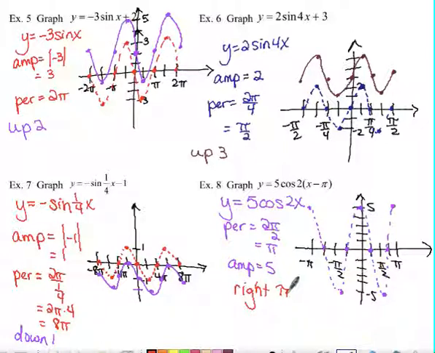In this case, how many tick marks is equal to pi? 4. 4 tick marks is pi. Because look, we went 4 tick marks and we went out to pi. So I'm actually going to need to add 4 tick marks and call that 2 pi. And then I'm going to take every single point and move it right 4 tick marks.